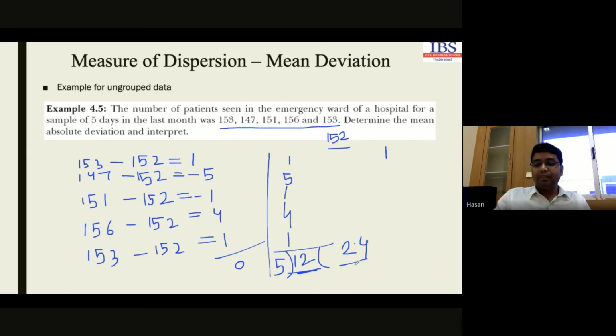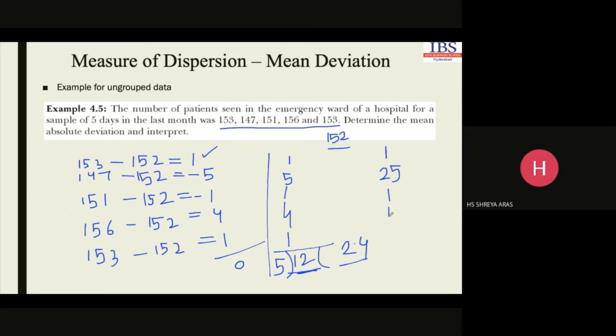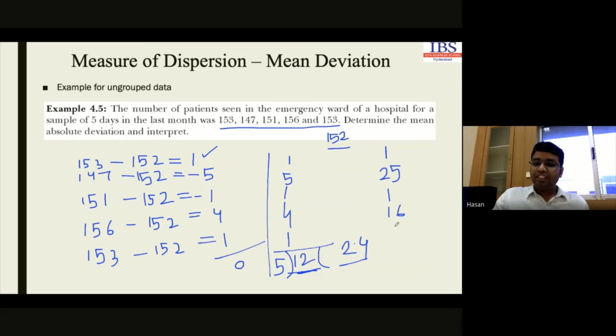Now, to avoid the sign impact in another way, we can simply take the square. That means 1 squared is 1, 5 squared is 25, then 1 squared is 1, 4 squared is 16, then 1 squared is again 1.